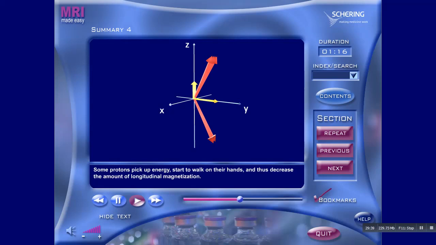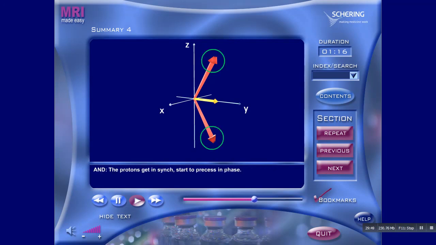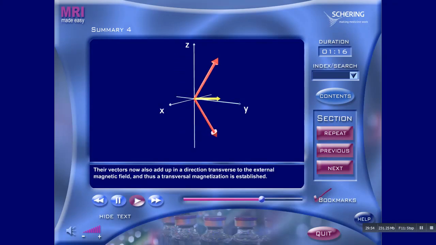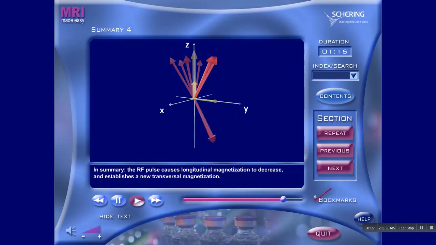Depending on the RF pulse, longitudinal magnetization may even totally disappear. And the protons get in sync, start to precess in phase. Their vectors now also add up in a direction transverse to the external magnetic field, and thus a transversal magnetization is established. In summary, the RF pulse causes longitudinal magnetization to decrease and establishes a new transversal magnetization.